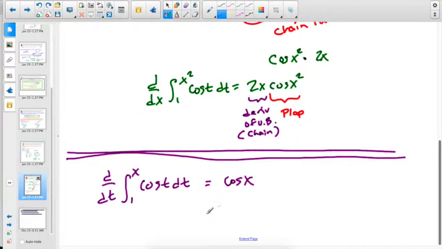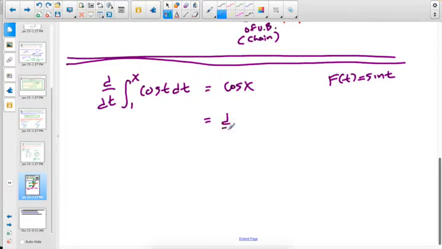We could do the antiderivative here with respect to t as sine of t. We could do this the long way and say, well, that's like taking the derivative with respect to x of sine of x minus sine of 1. And that's how you get your cosine back. Excuse me, that should be x.